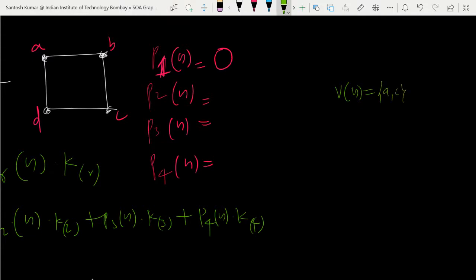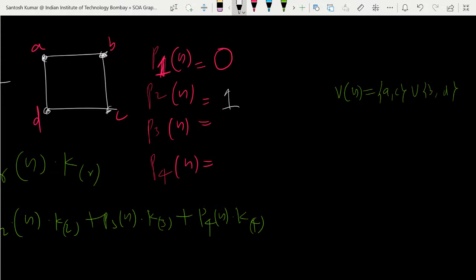Correct, AC and BD. This is one partition. Do you have any other way? BD union AC, but they are the same thing. So we don't have any other way. We can write it in only one way, so we have just one partition. So I will write 1 here.